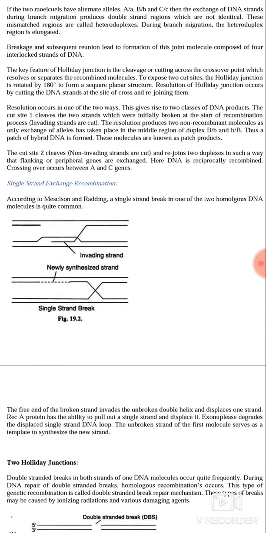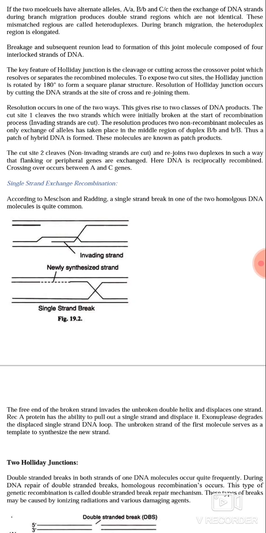If the two molecules have alternate alleles AA, BB, CC, then the exchange of DNA strands during branch migration produces double strand regions which are not identical. These mismatched regions are called heteroduplexes.